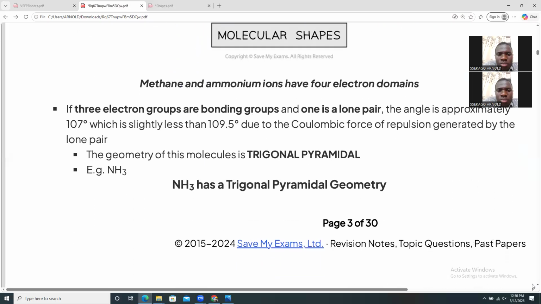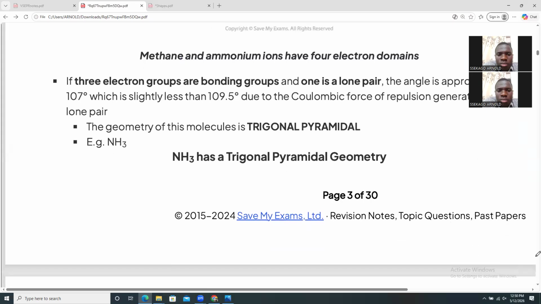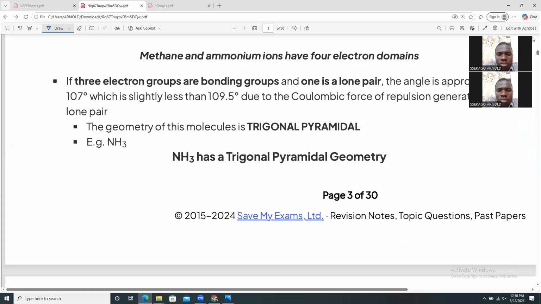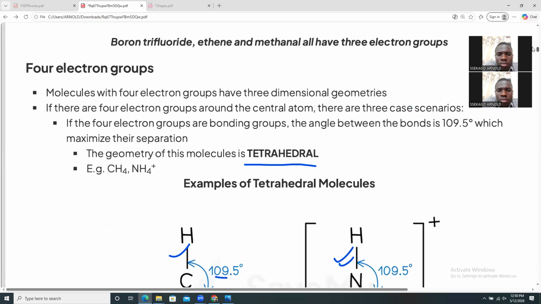I want you to also take note of the fact that for tetrahedral, it's a bit chaotic. I don't know why this thing is failing to move. There is something which I have been mentioning, that geometry is different from shape. If there are 4 electron groups, the geometry is tetrahedral.